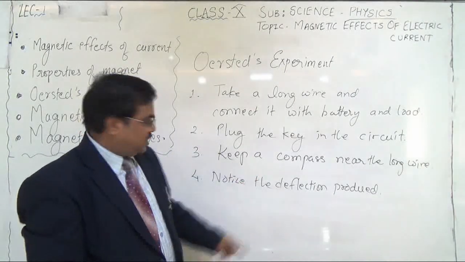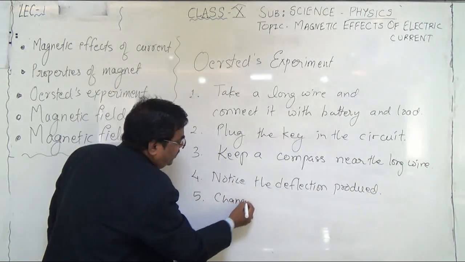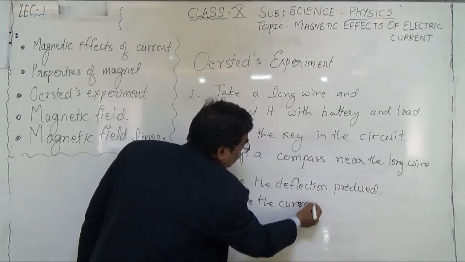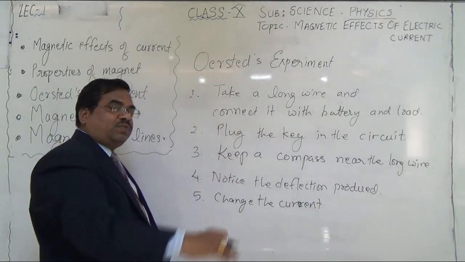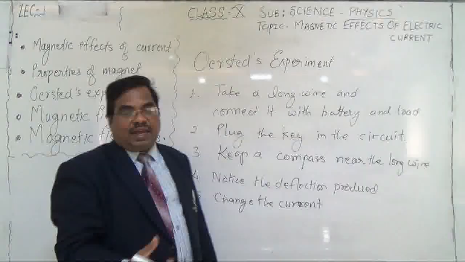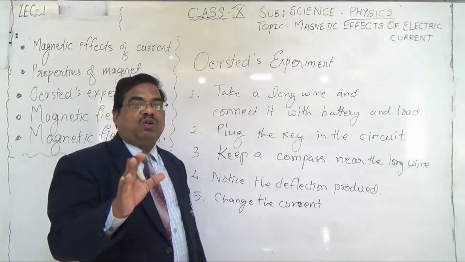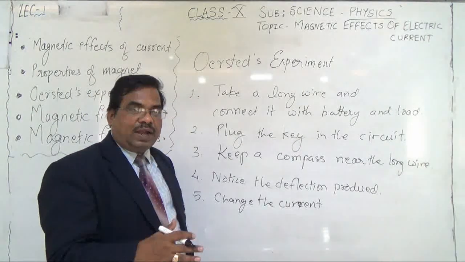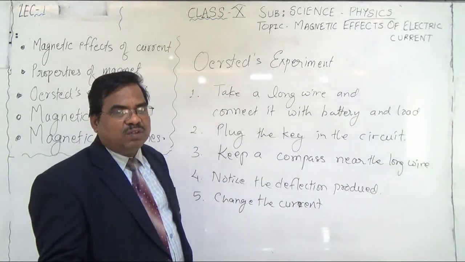Now step number 5: change the current. Now you change the cell and the direction of the current will be reversed. In that case, you will find the direction of deflection is also opposite. If current is going forward, deflection is on one side, say the right hand side.